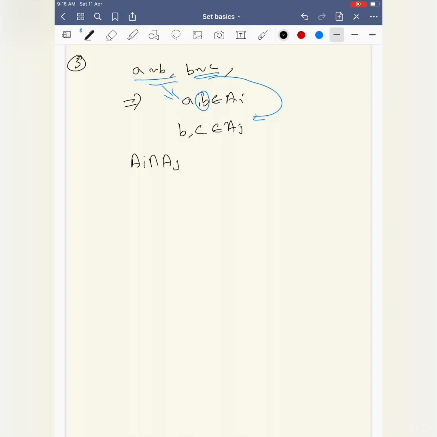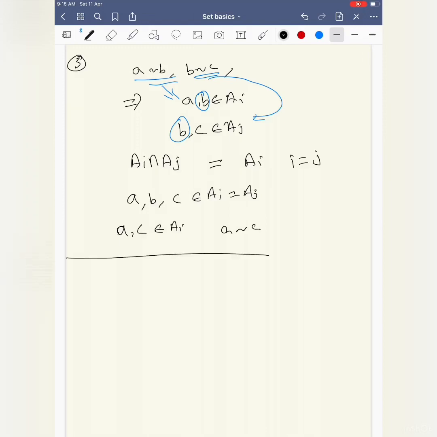But you remember that A_i intersection A_j equals empty or i equals j. Here the intersection is non-empty, so i must be equal to j. So a, b, c belong to A_i, which is equal to A_j, because b is common. So finally a, c belong to A_i, so a is related to c.